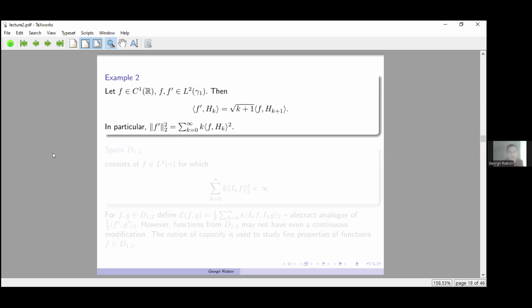And also, as a next example, let's compare Ito-Wiener expansions for function f and for its derivative f prime.